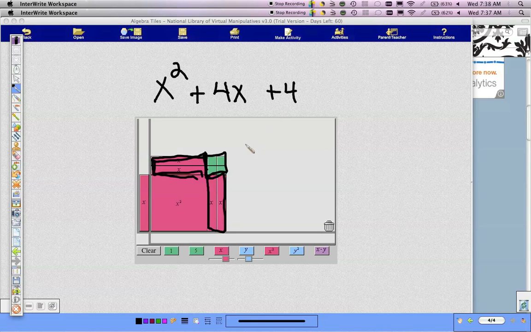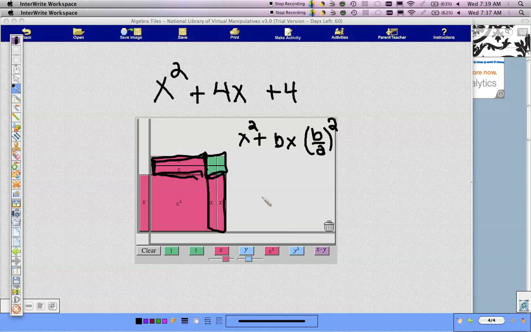So a little rule for completing the square is, if you have x squared plus bx and you want to complete the square, then what you want to add to it is b, divided by 2, and then the number we got for that, we square.